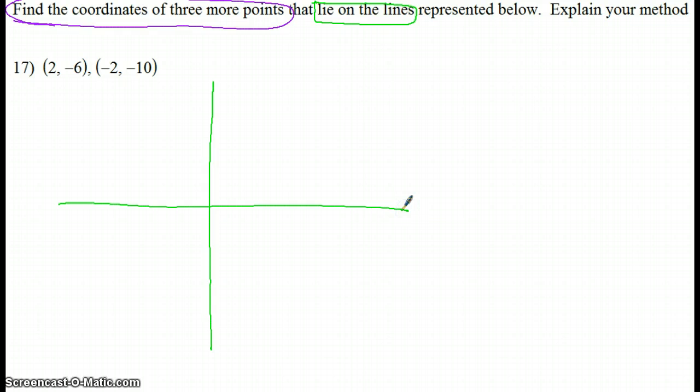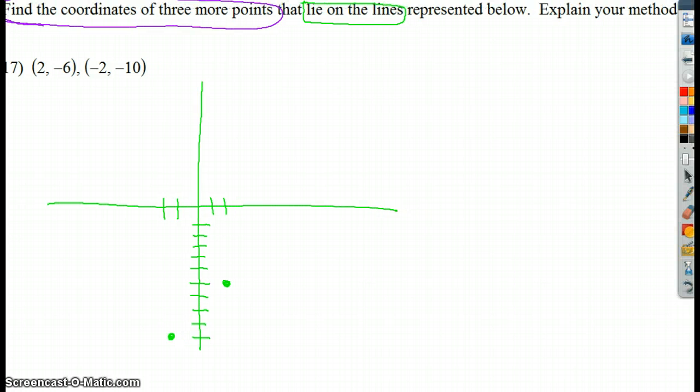This is much better done on graph paper. So positive 2, negative 6, and negative 2, negative 10. Also, we need to attend to precision and make sure that we're using a straight edge when we draw our line.